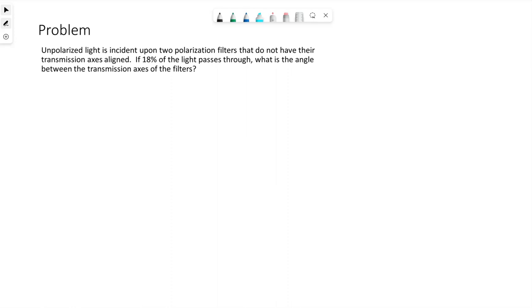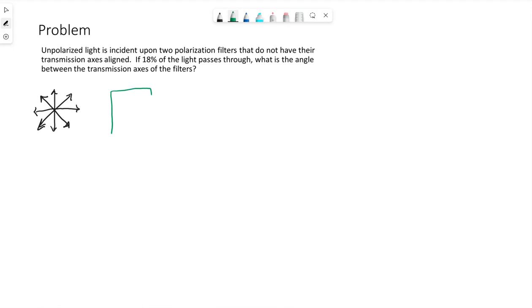Okay, let's get a visual in our mind so that we can visualize what's happening. Unpolarized light means that we have electric field components in all directions. I have two filters.